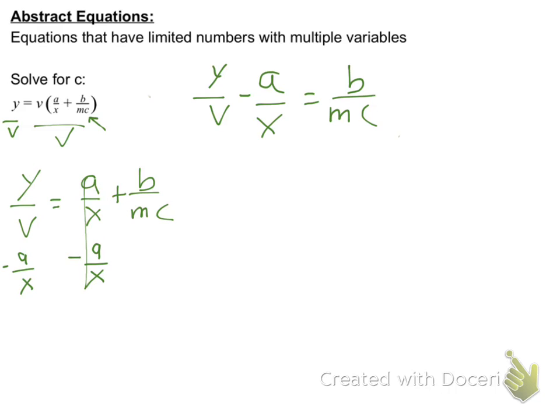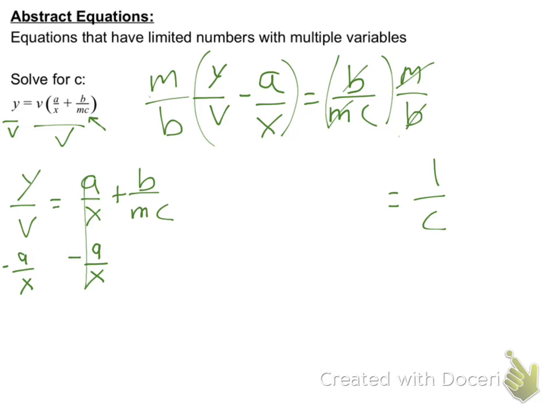That would work, but then I should also multiply it by m. So m over b. But if I did that, okay, let's just do this. If I did m over b to one side, I'd have to do it to the other side. You guys, I hope, can agree that the b's and the m's cancel, and I'm left with 1 over c. That's not really what I wanted.